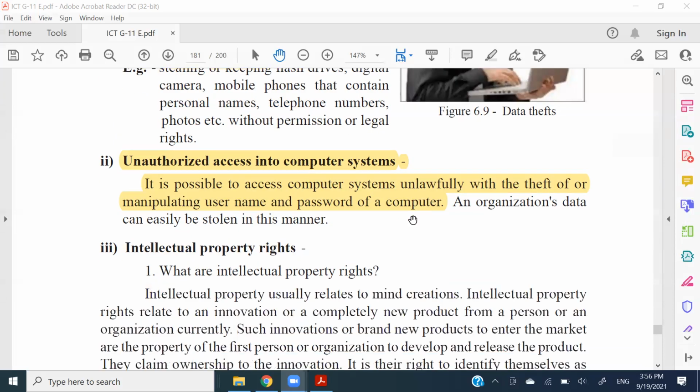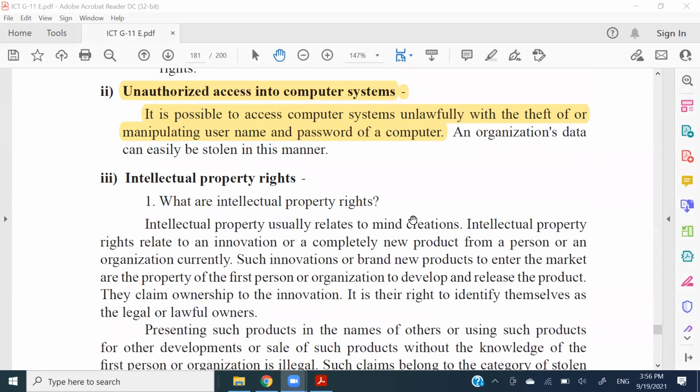Okay, so moving forward, regarding the intellectual property. Intellectual property rights.